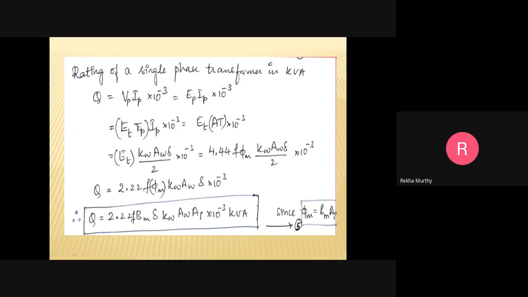Then the next step we can do is this product. What do you mean by the product of turns and current? What is the unit of current? Amperes. What is the unit of current? Amperes. What do we call the product of this? Have you studied it in transformers?